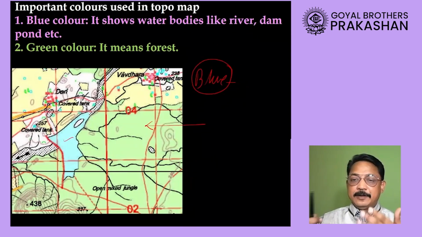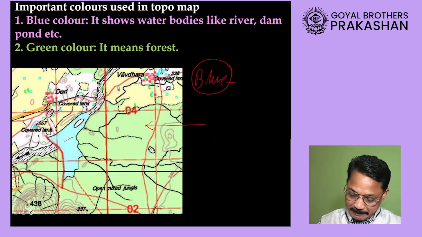Forestry means going into a forest and collecting wood, gum, honey and other forest products. Another occupation in a forest is animal rearing. So we can predict the occupation of a place by looking at the color in a topography map.